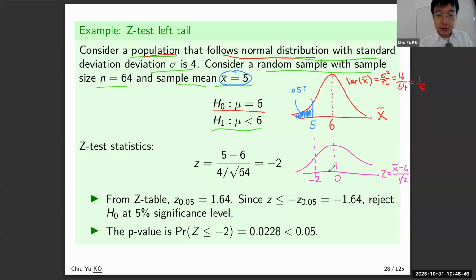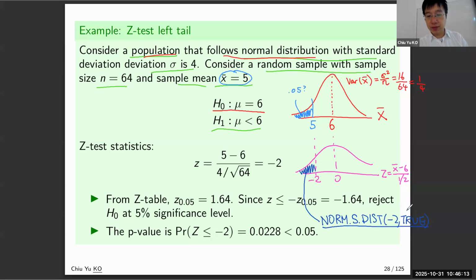So the question would be, what is the value of this area? Okay. In the standard normal, the area on the left-hand side is simply the F, right? So this is norm.s.dist at -2, true.